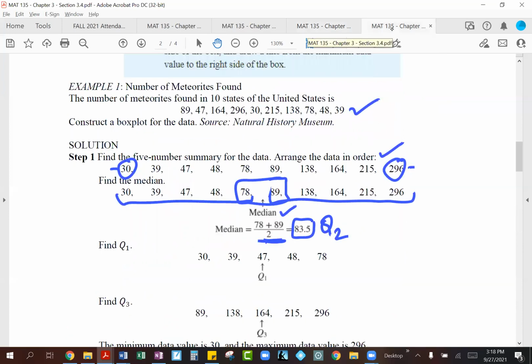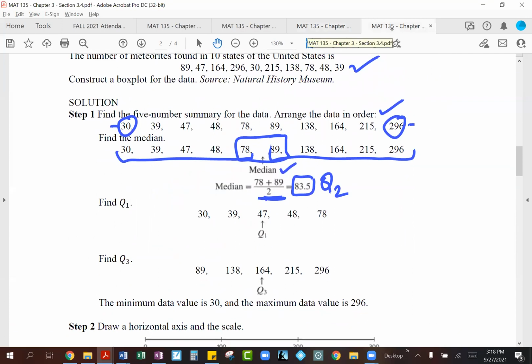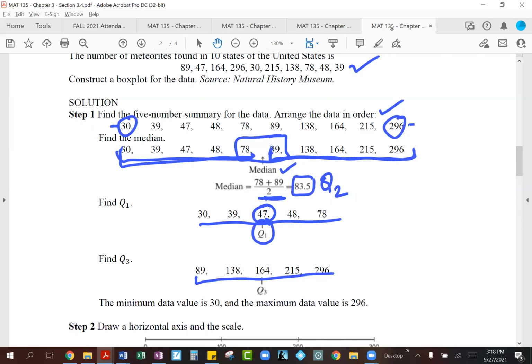Once you have calculated quartile 2, then you take each one of these 5 numbers on either side, and find their centermost position. So we take our first 5 numbers, 30 to 78, and the middlemost position is going to be 47, which is our quartile 1. Then you take the numbers from 89 to 296, which is the second 5.